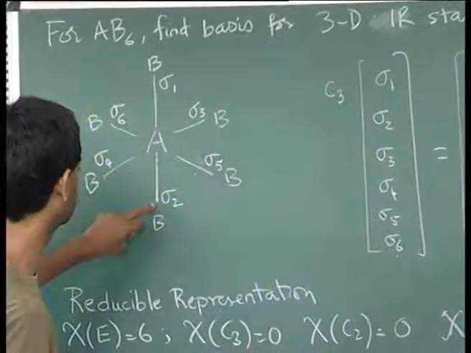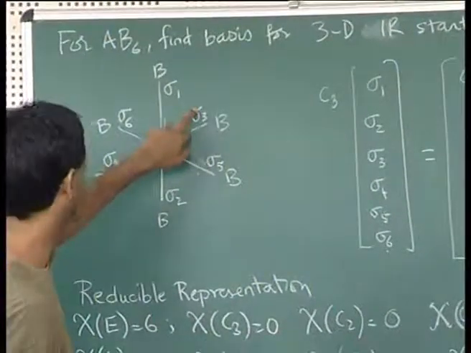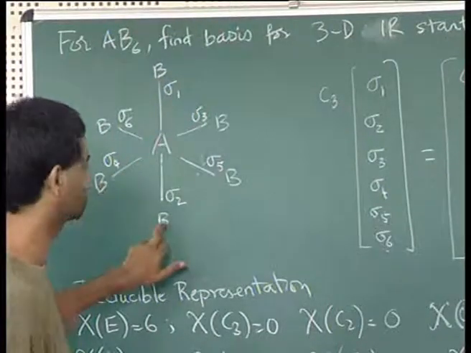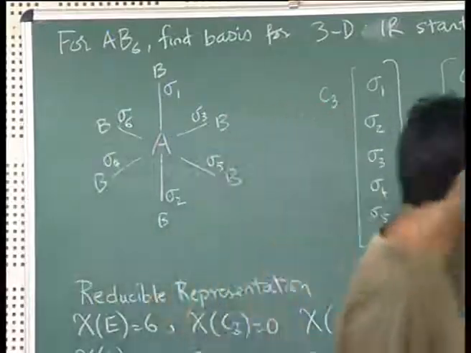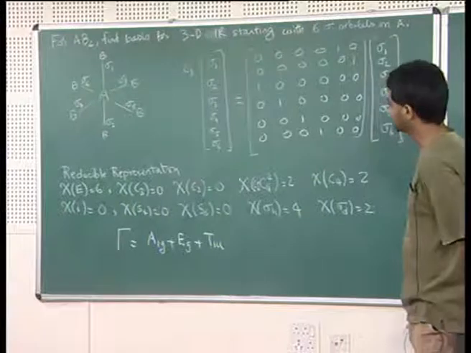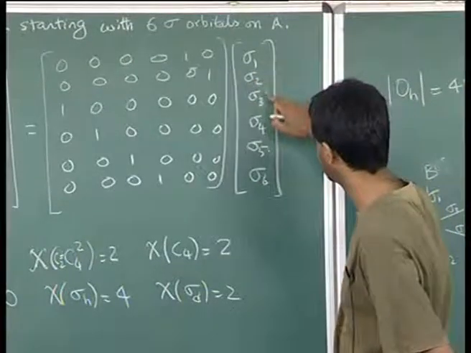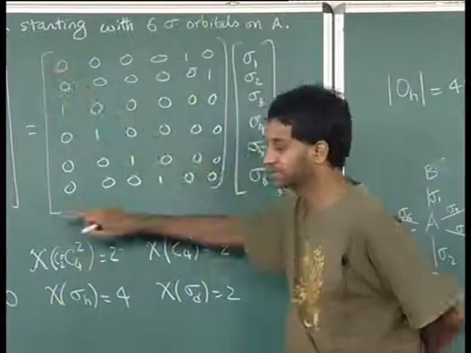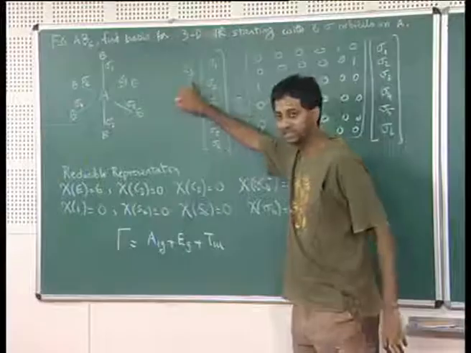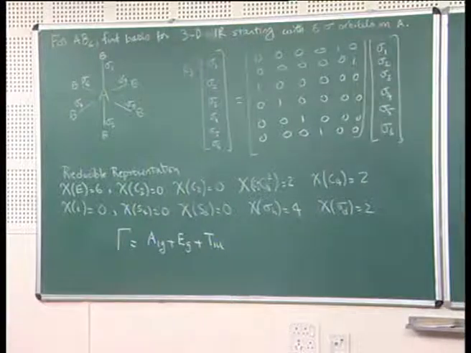Sigma 2 is taken to sigma 6, sigma 3 is taken to sigma 1, sigma 4 is taken to sigma 2, and so on. So the action of these C3 operations can be represented by this matrix, a matrix corresponding to C3 in this 6-dimensional reducible representation.